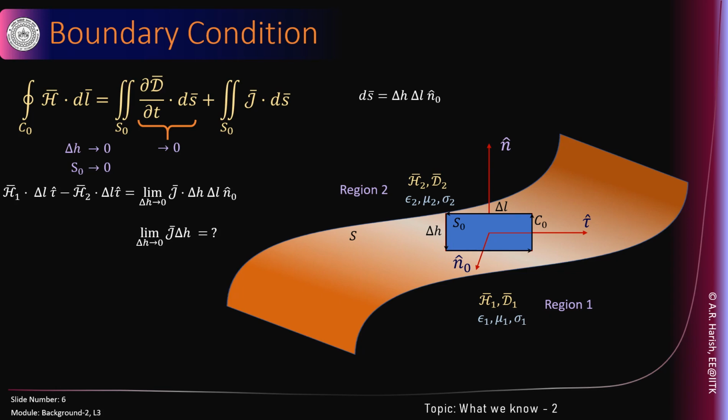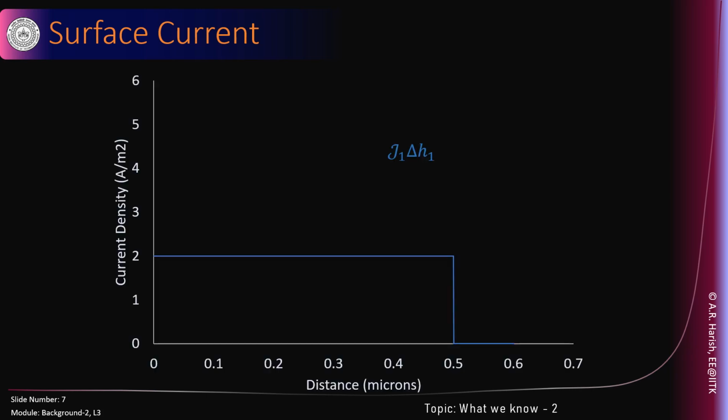The right hand side is quite straightforward. In the limit delta h tends to 0, J dot delta h delta L times N naught cap. Let us observe the limit delta h tends to 0 of J bar delta h. For example, we have a finite value of J1 and a finite value of delta h, which is delta h1.